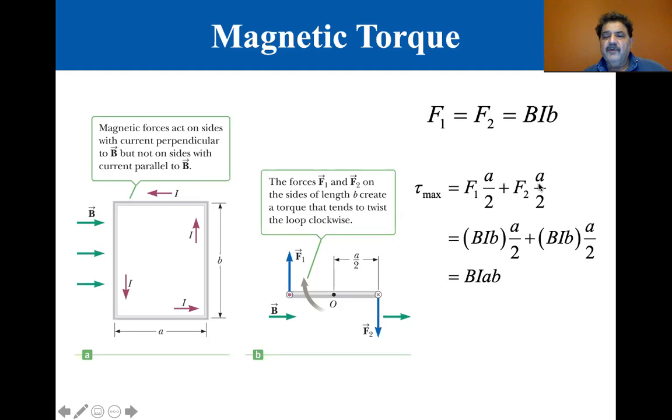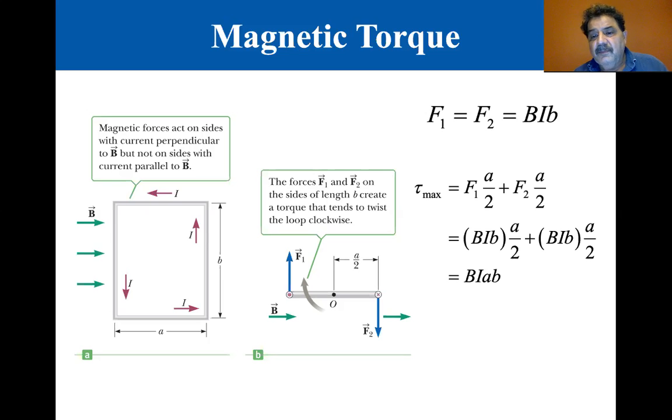Now torque, if you recall, is equal to a force times a lever arm, a moment arm. And what is the moment arm? It's right down the center, so that's a over 2. So you've got force 1 times a over 2 plus force 2 times a over 2. That's the torque: BIb a/2 plus BIb a/2.